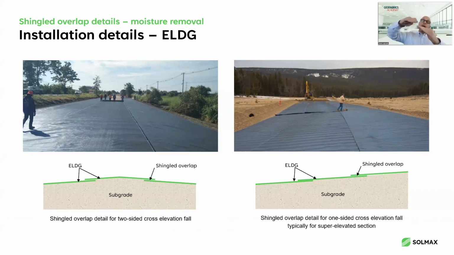If you follow my hand here, if you have the water that's traveling from this hand to this hand, you want the overlap to be shingled just like on a roof, because otherwise, if you go the other way, there's a potential that when the water drips out at the end here, it just feeds back into the subgrade. So always think about it in terms of shingles on a roof, and you can see two examples of that on this page.